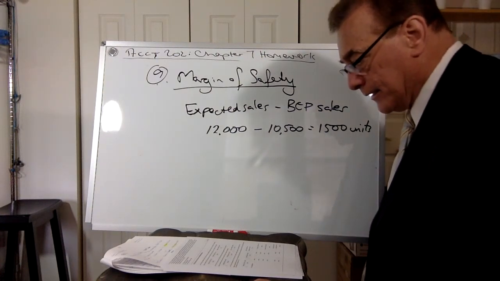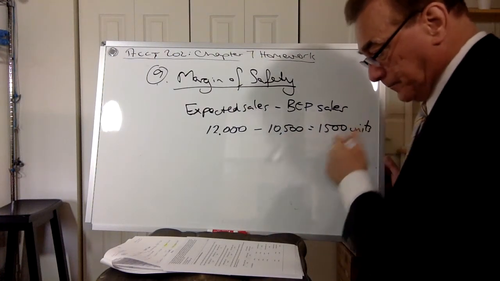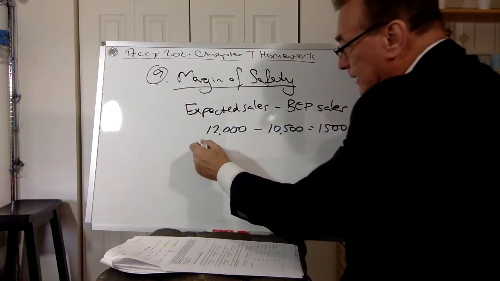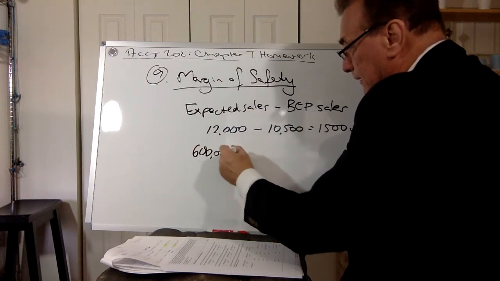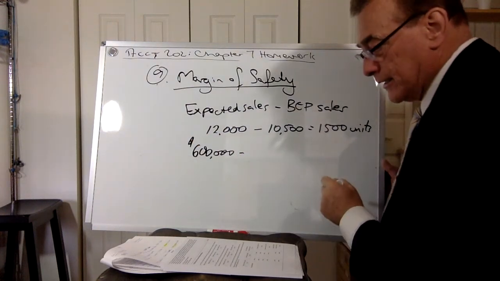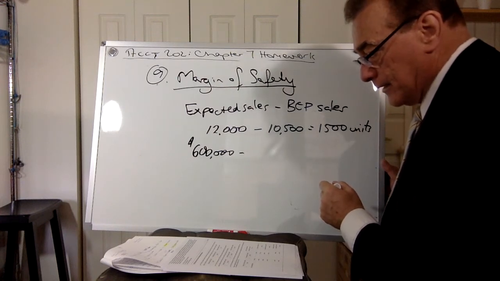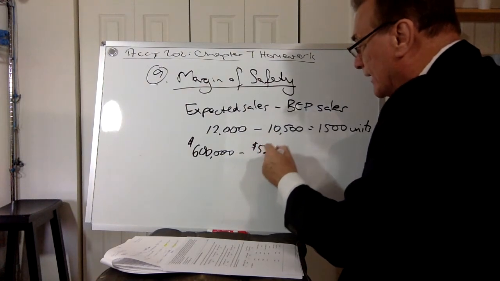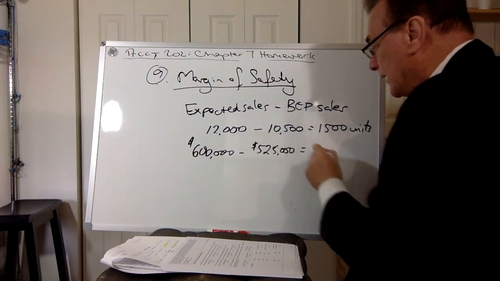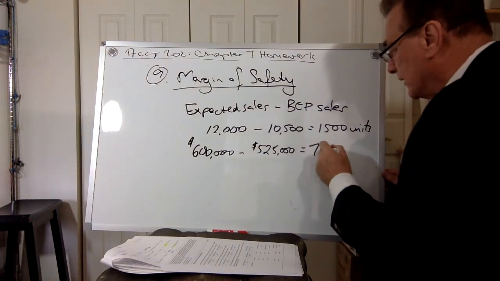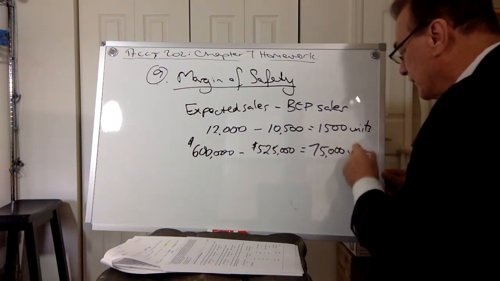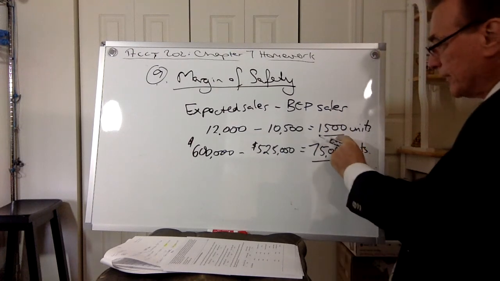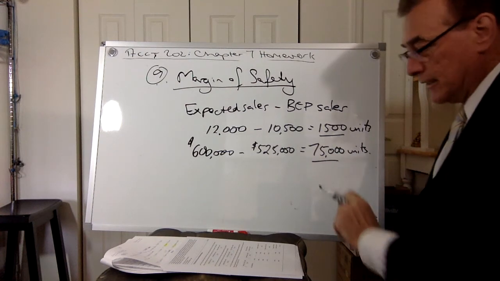Okay, and in sales dollars, 12,000 tickets sold at $50 each is $600,000 in sales. 10,500 is your break-even sales, sold at $50 each is $525,000 in sales. So that's margin of safety 1,500 times $50, which is $75,000. Okay, 1,500 multiplied by the $50 selling price, $75,000.